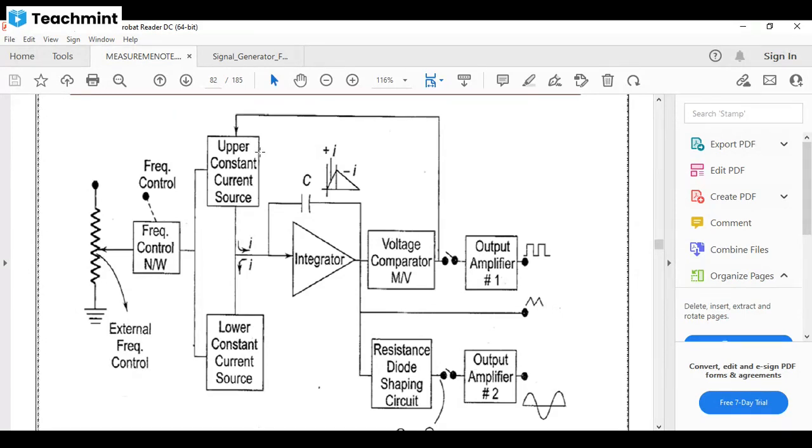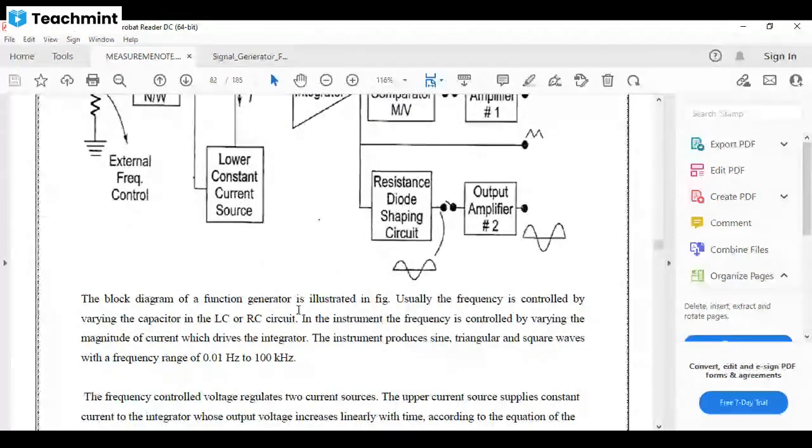So the capacitor is discharging, and after discharging, when it reaches the lower predefined level, it changes again, and the production is repeatedly done by this process. So in the block diagram of the function generator, usually the frequency is controlled by varying the capacitor of an LC or RC circuit.